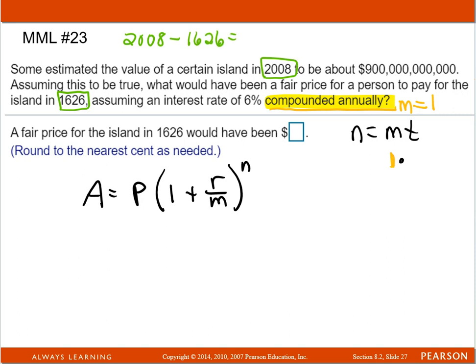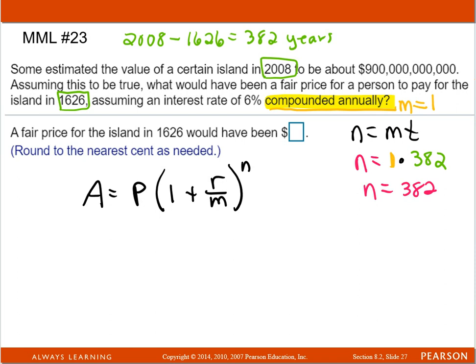So I need to subtract those two numbers, and that's 382 years that have passed. So T is 382. And I don't know, give me a color. How about this color? N is going to equal 1 times 382, so that's 382.